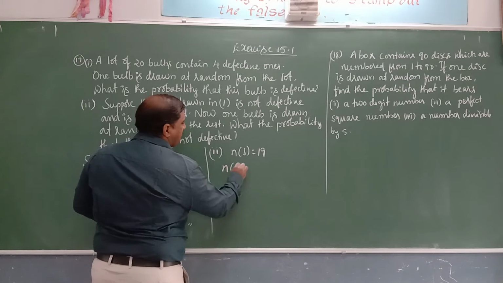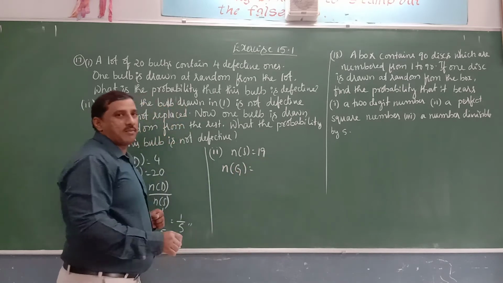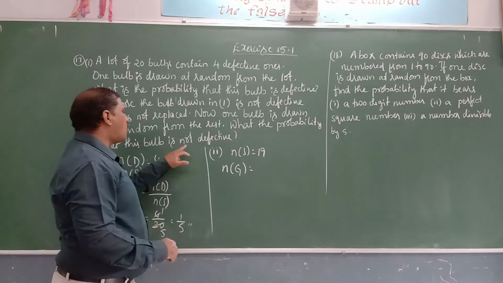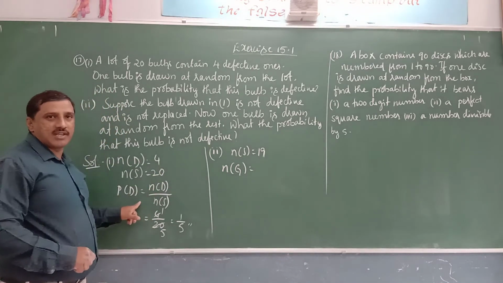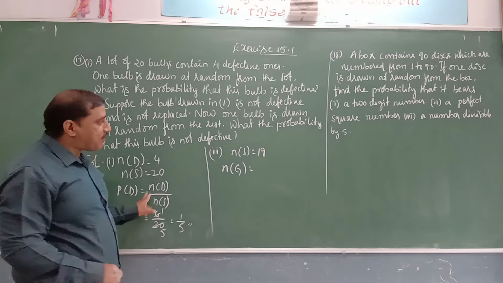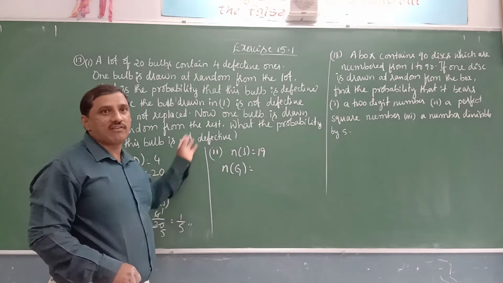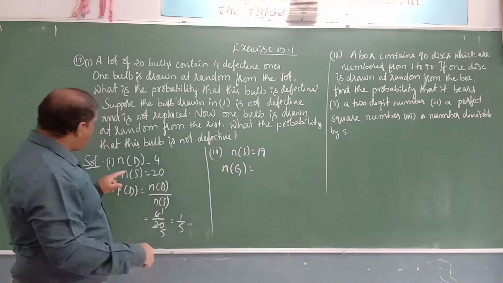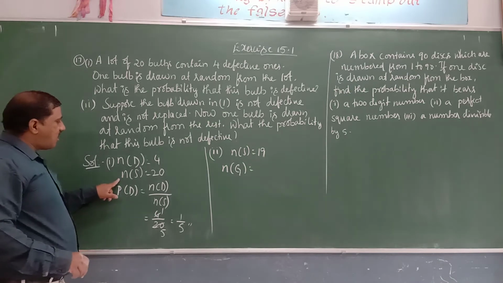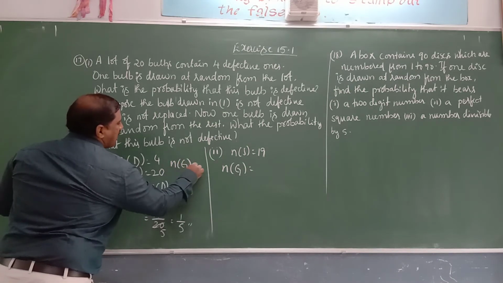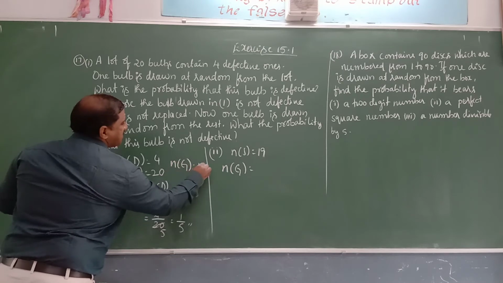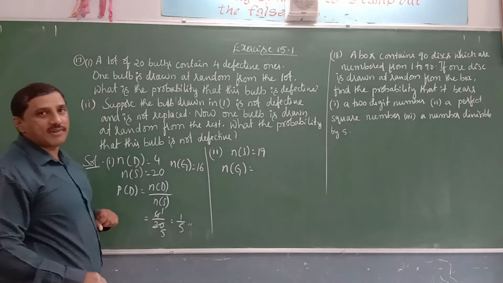I am taking n of G. G stands for good bulb, or not defective. So how many good bulbs are there? One bulb is taken out from the lot, and if it is not defective, it will be a good bulb. So how many total good bulbs are there here? You take n of G, the total number of good bulbs, equal to 16 will be there. How many will be there?